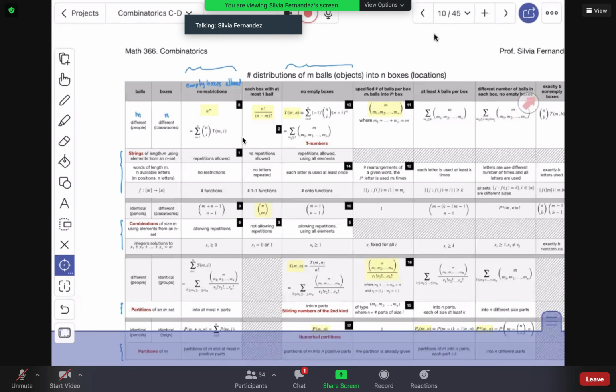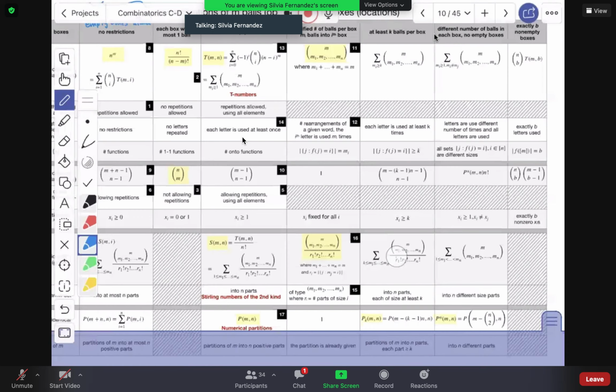So this formula looks very much like the one for the Stirling number, but the summation goes over a restricted set. That restricted set is that all the MIs, all these bottom numbers right here, are different.